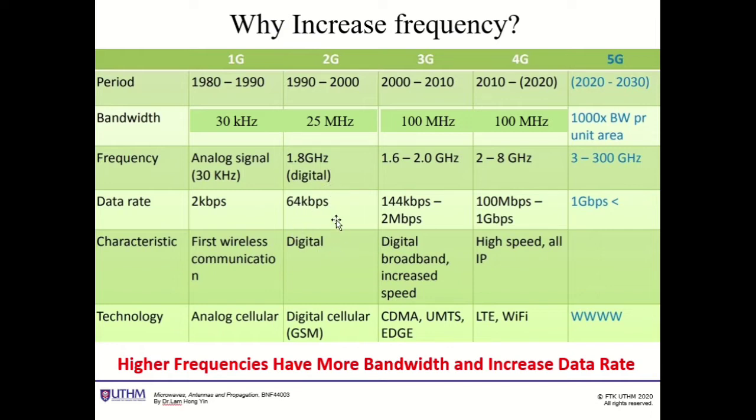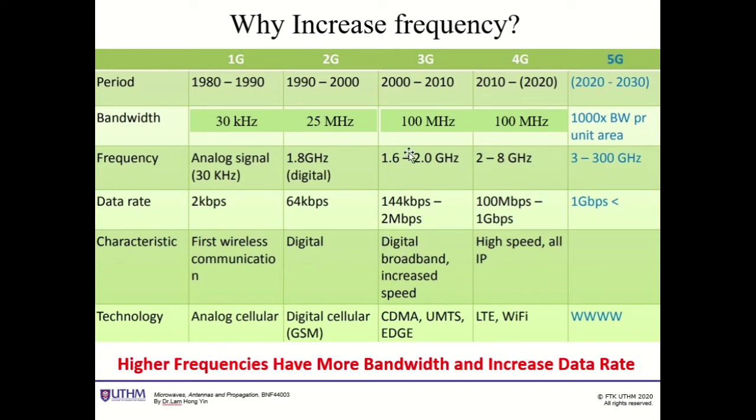This started digital communication, whereas 1G still used an analog signal. Then from 2000 to 2010, 3G uses a frequency of 1.6 to 2.0 gigahertz, where the speed goes up to 2 megabits per second. This is when we started calling it the internet.